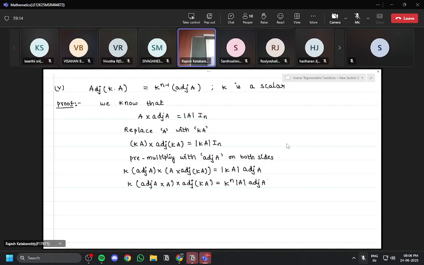Identity anyway you multiply, you just have determinant A. K into determinant of matrix A into adjoint of KA is equal to K power n determinant of A adjoint of A. Both sides cancel one K, cancel determinant A, adjoint of K into A is equal to K to the power n minus 1 into adjoint of A.